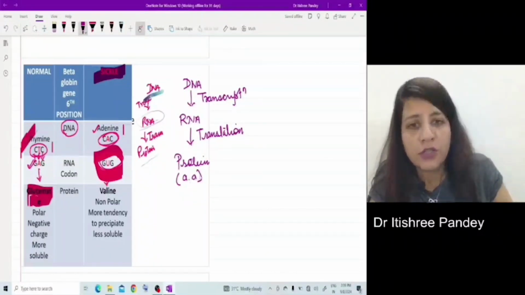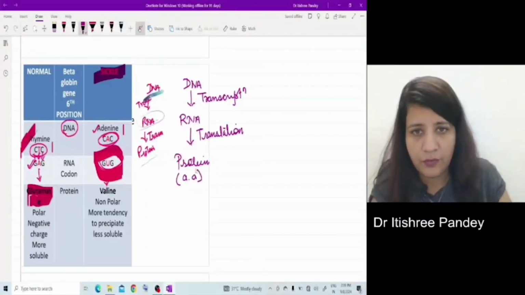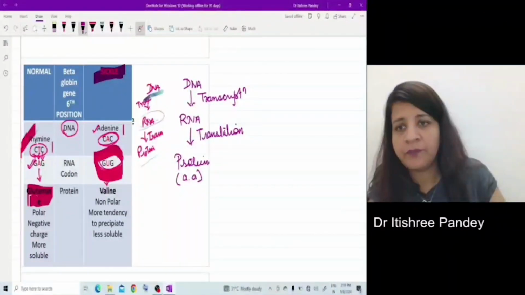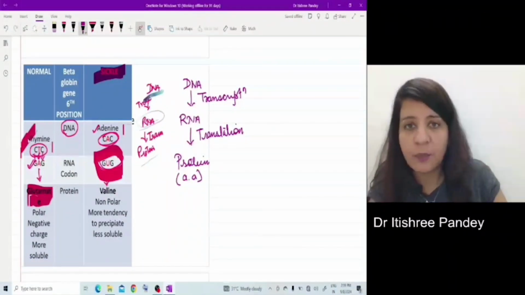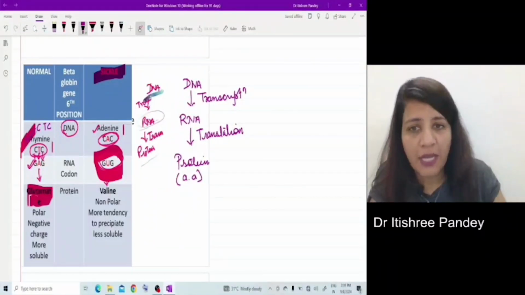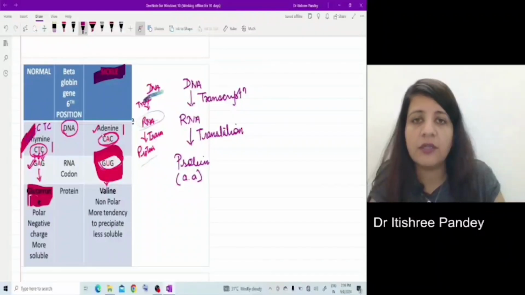Okay. So what happens in case of sickle cell? We look at the table here. Normally, in the 6th position of the beta globin chain, it is thymine which is present. So in the DNA it is written as CTC. Since in sickling this thymine is replaced by adenine, the nucleotide base which forms the genetic code, it becomes CAC.